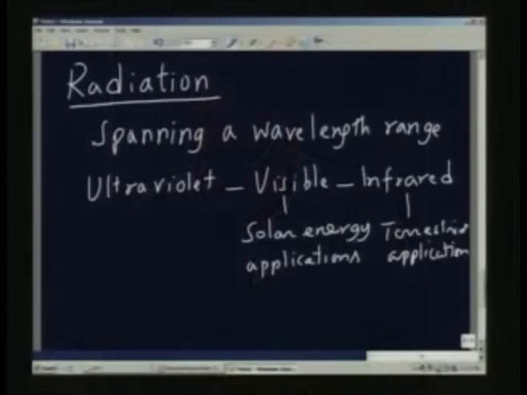Infrared cannot be seen, it can only be felt, and it is important to consider infrared properties of surfaces, because most surfaces we use in engineering applications either absorb or reflect or emit radiation on their own because of their own temperature.